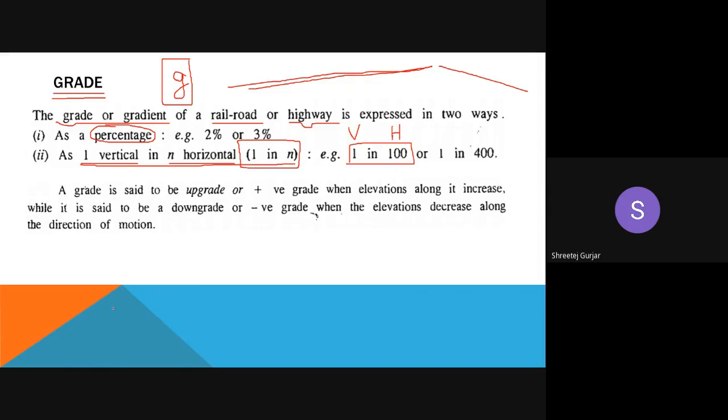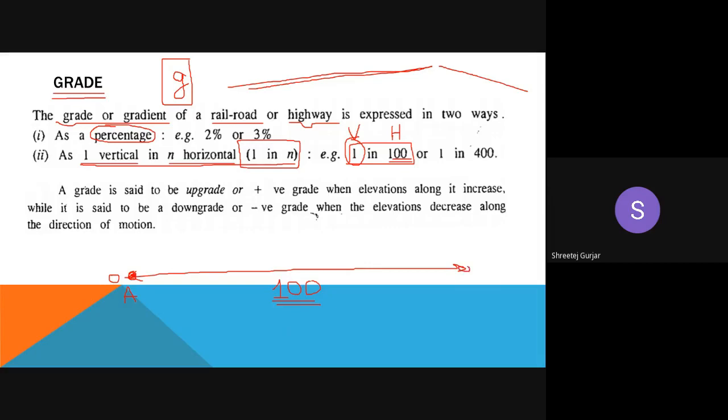So for every 100 meters of horizontal distance, there is a 1 meter increase in elevation. Suppose at this point A, the vertical elevation is 0. Once you travel 100 meters, the condition says you have to go up by 1 meter.